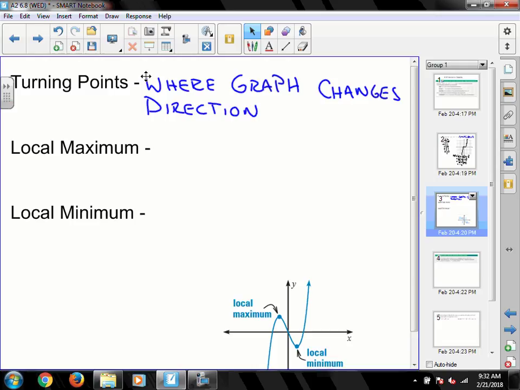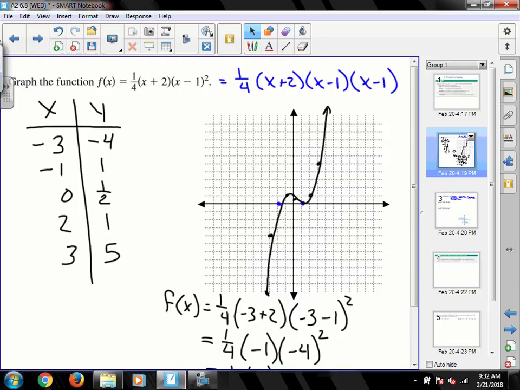And what I mean by that, right here, our graph goes from going up from left to right here. Now all of a sudden, right around -1, it's going to start going back down. That's where your turning point's going to be. So the graph turns.